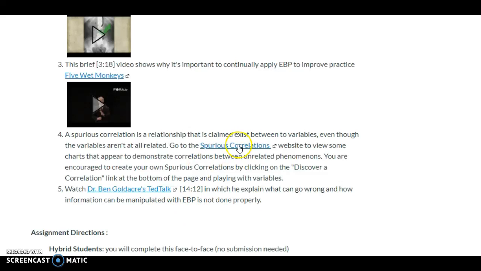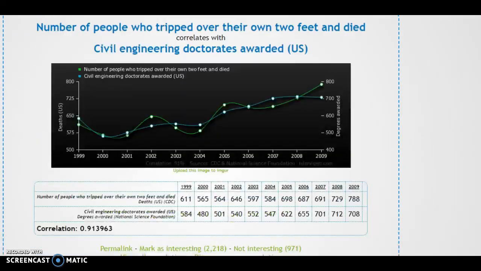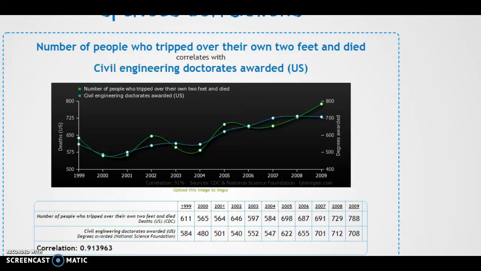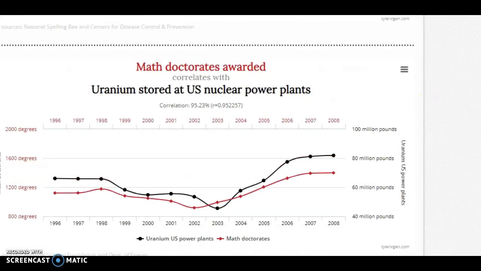With the Spurious Correlations site, if you go in there, there's a lot of different linkings you can do. Let me get back to the main page really quickly. There's a lot of correlations that are already built in, such as math doctorates awarded and uranium stored at U.S. nuclear power plants.